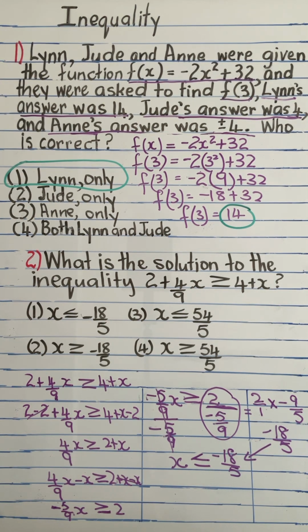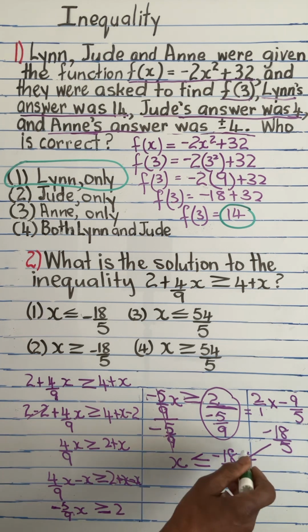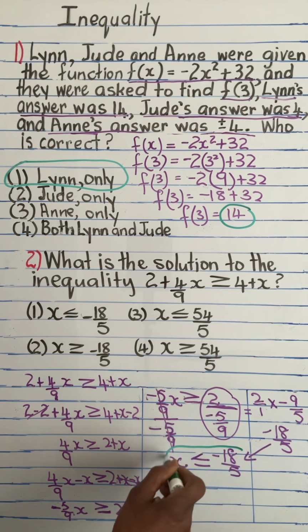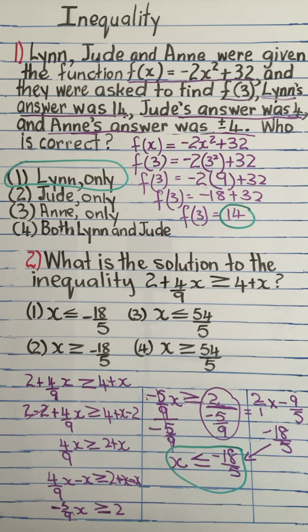So our final answer, x is less than or equal to negative 18 over 5. And these are our choices. And choice 1, option 1 is the correct choice.